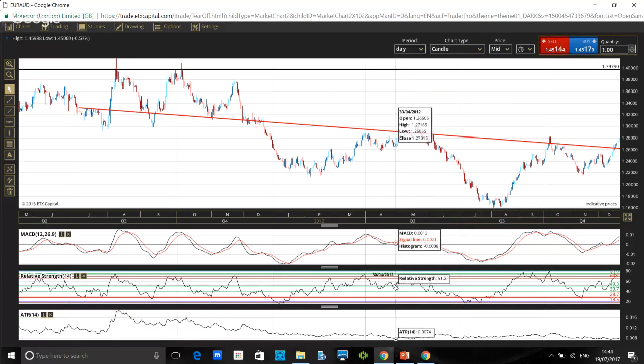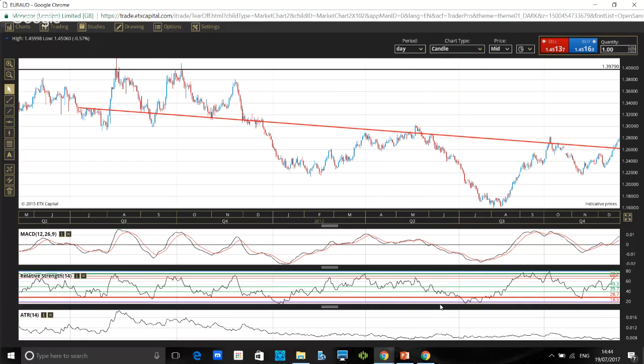When it bounces off the bottom green level, which is the area reserved for support for RSI when the price is in an uptrend, and ATR at the point of the bounce points upwards, then we do have an uptrend.